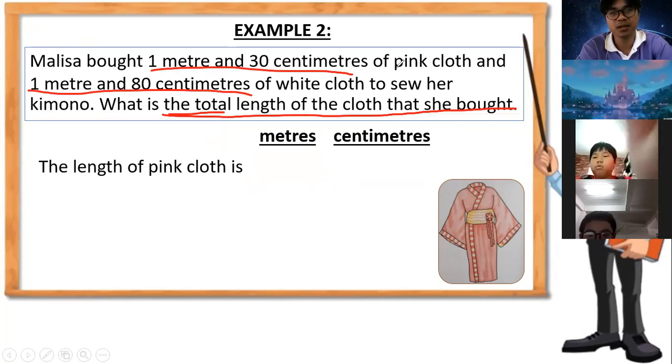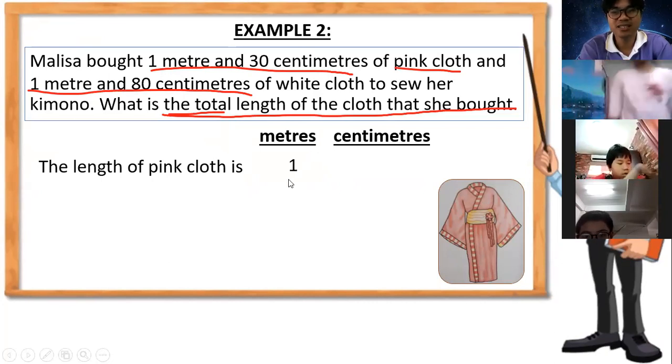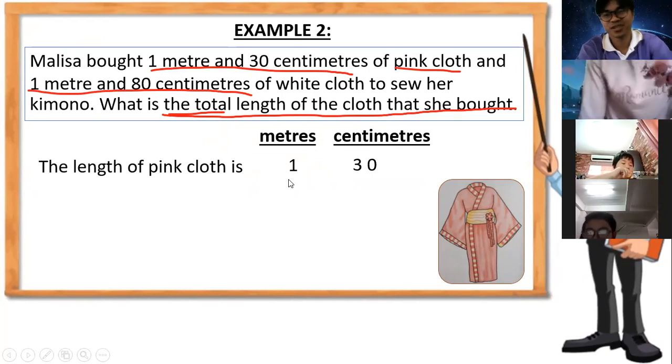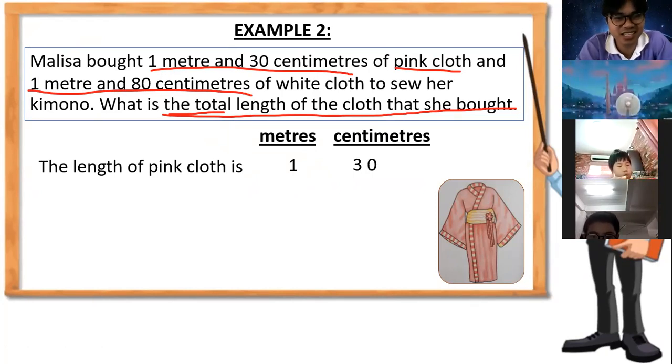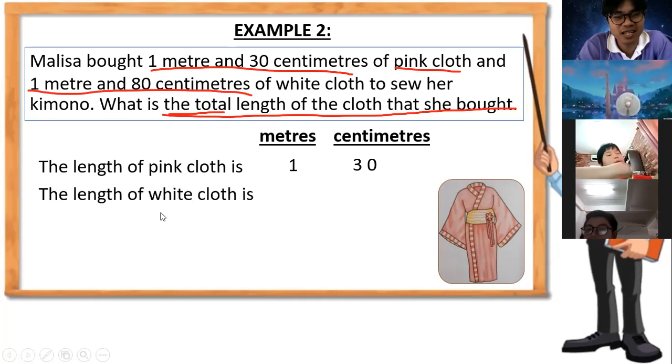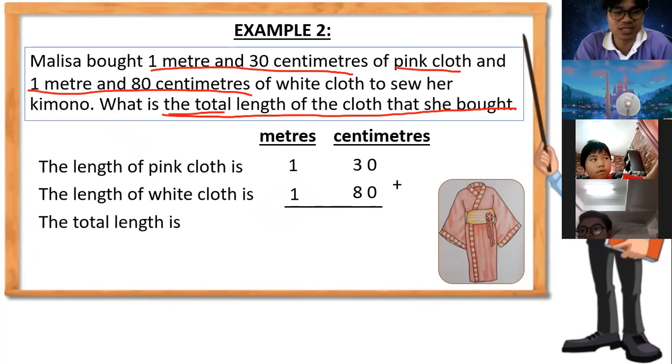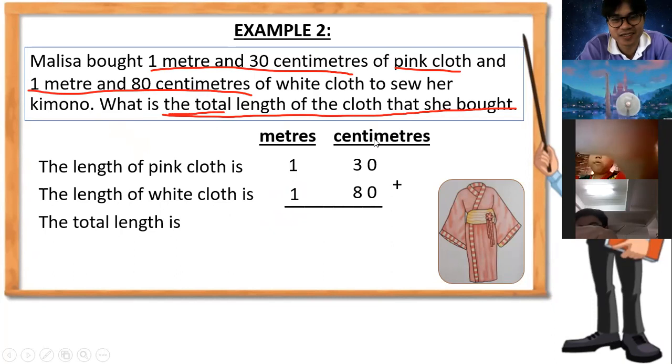Next, the white cloth: the length of the white cloth is 1 meter and 80 centimeters. Plus. What is the total length? Because the question is total length, you add.